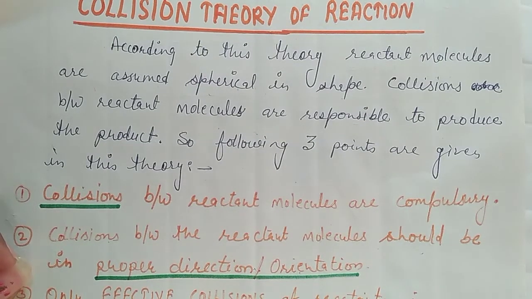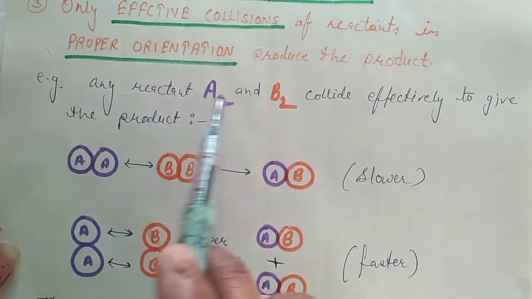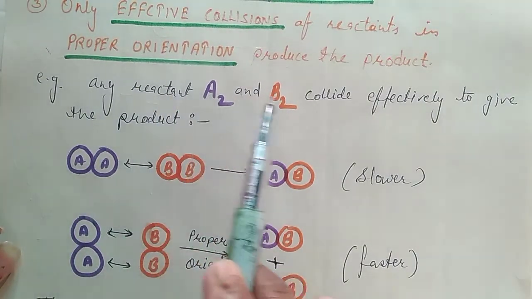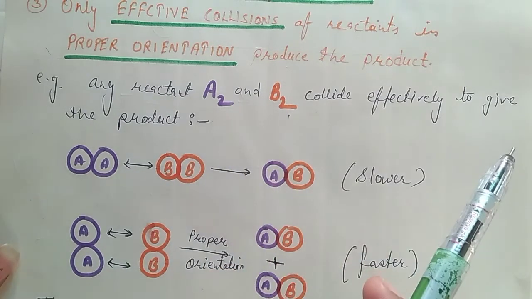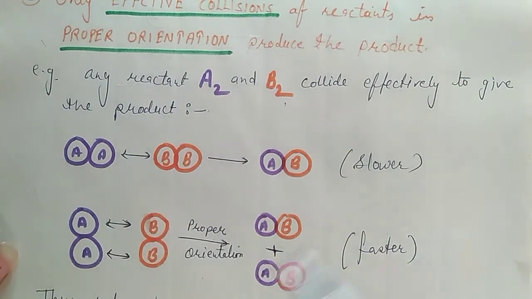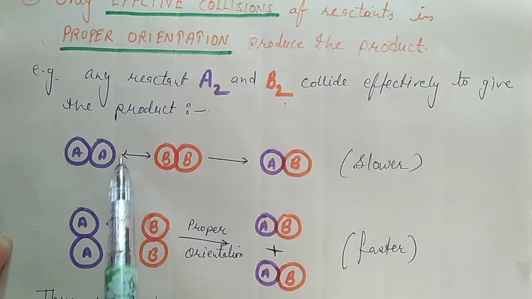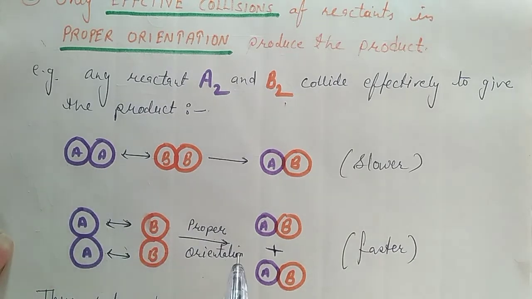What is its meaning? Suppose A2 and B2 are the reactants and they have to collide to convert into product. The collision between A2 and B2 can take place in two orientations, one like this and the second one is this.